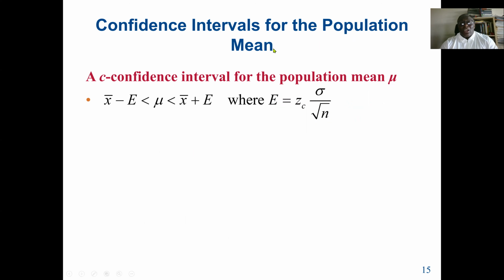As we said earlier, a confidence interval means we subtract the margin of error from the sample mean, then to the right, add the margin of error to the sample mean. So this will give us, again, the range of values between the lowest and the highest.